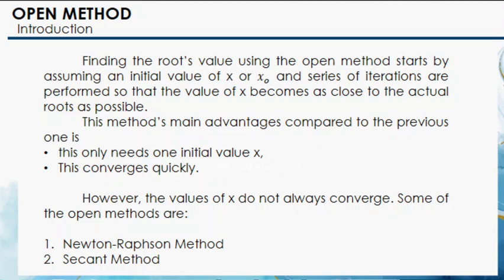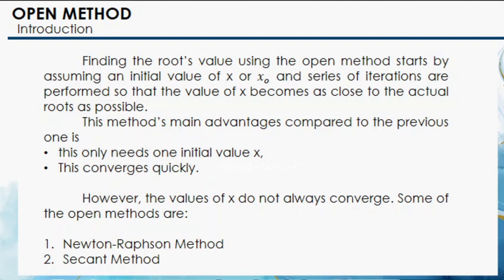And series of iterations are performed so that the value of x becomes as close to the actual roots as possible. So this method's advantage compared to the previous one is this only needs one initial value x.